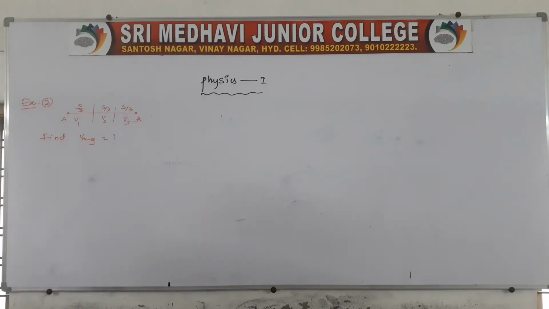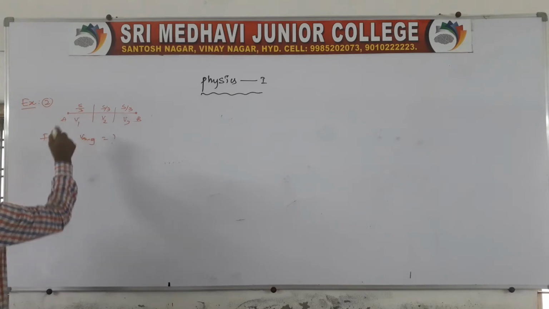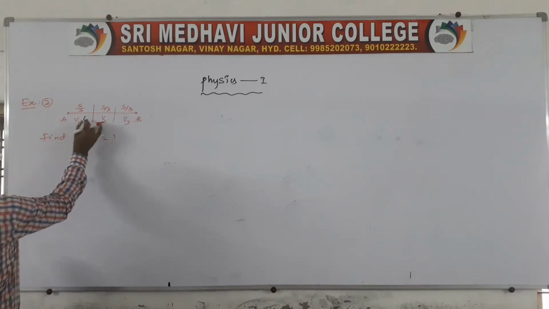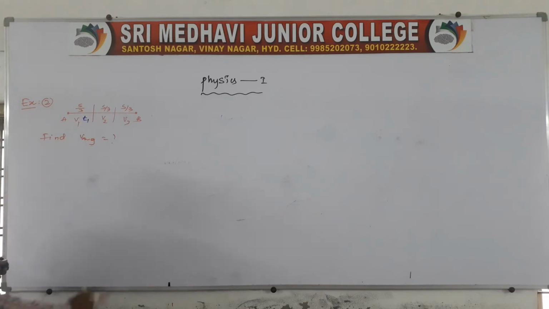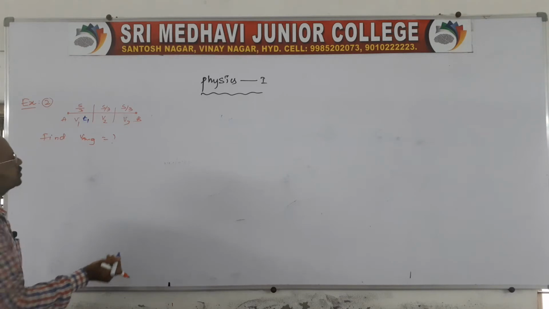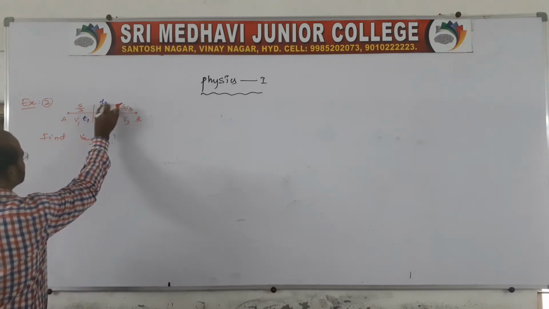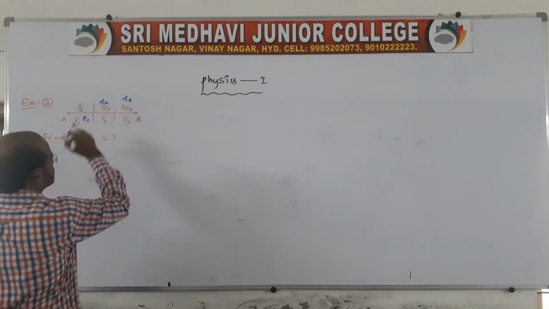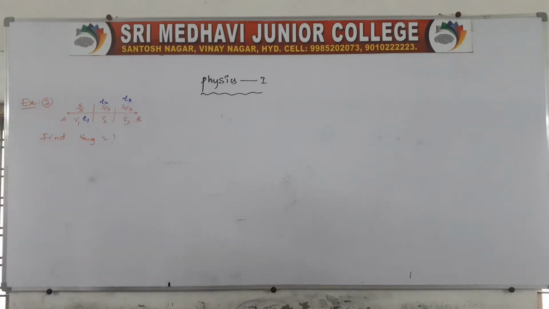Now let us see. I told you very clearly in the previous class: for each one third distance the time is not given, so take the time for the first one third distance as t1, the time for the next one third as t2, and the time for the last one third as t3, because in this question the times are not given.